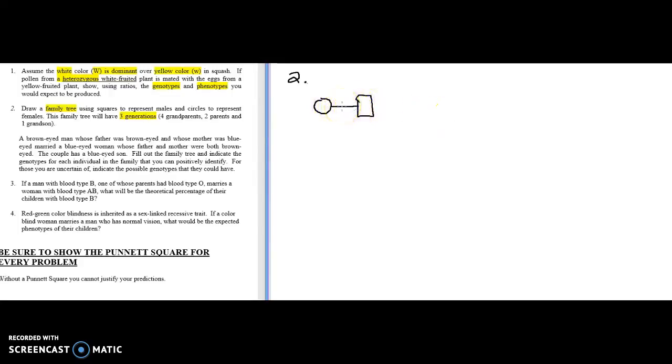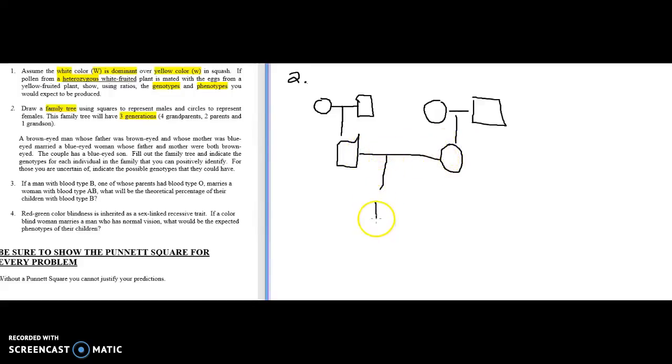Not genetic similarity, but genetic reproductive connection. Alright? So we got one side of the family tree, we have the other side of the family tree. So you have 4 grandparents, 2 parents, and then they have a grandson.